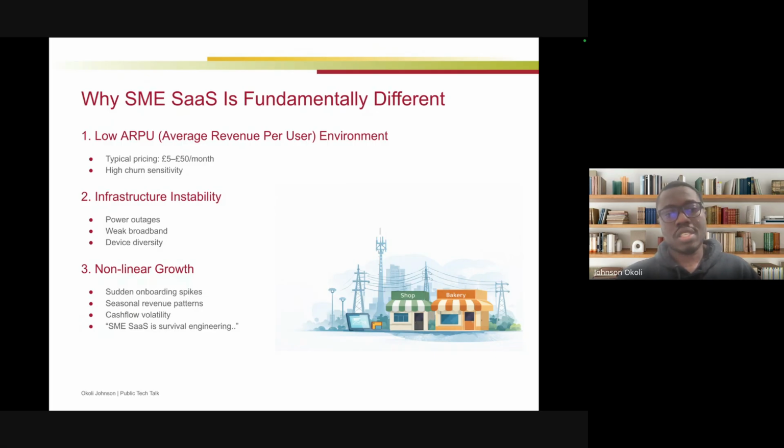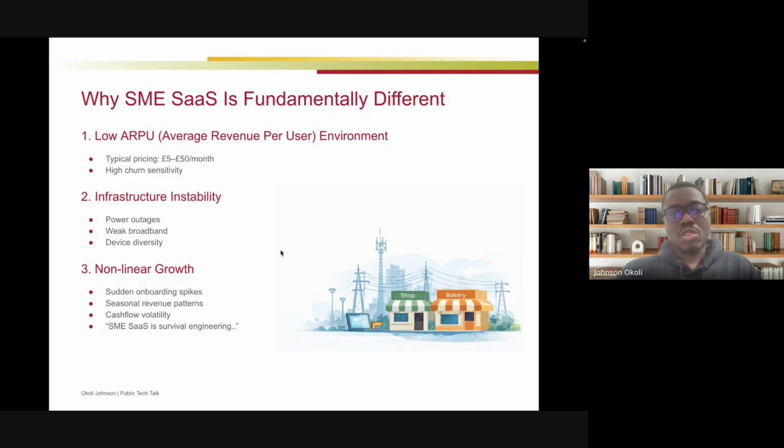So you need to also consider all those in your architecture. We also have device diversity. You want to ensure that your software is accessible even on devices that are obsolete in terms of their versioning. You want to optimize it to a very good standard.